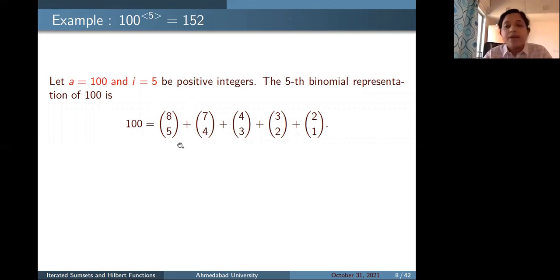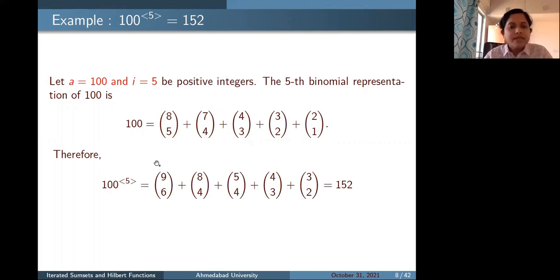So 100 can be written this way. So these are my a_i's. And once I have this, I can calculate this function. So if we take these values, one will have 152.